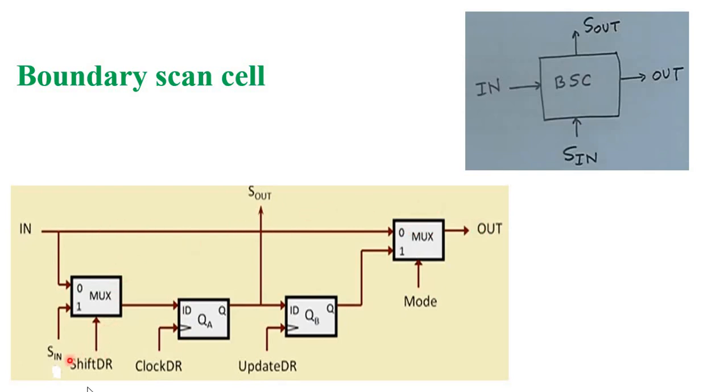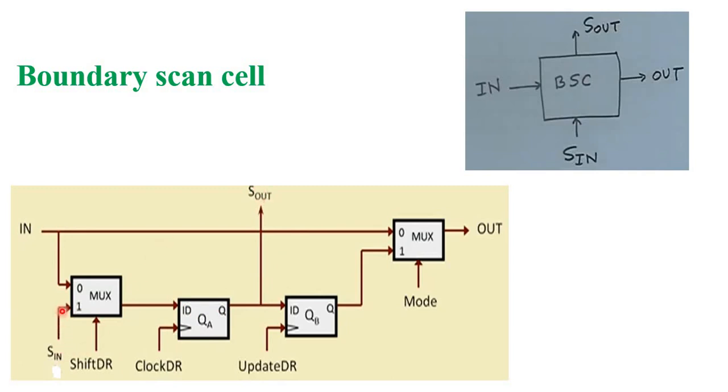And if shift DR is selected, that means if shift DR is 1, then SN is selected, so this signal is sent through the D flip-flop. Here the clock is driven. So shift DR is selected, the clock is driven, therefore SN is shifted to the D flip-flop. This signal is shifted to the S out.